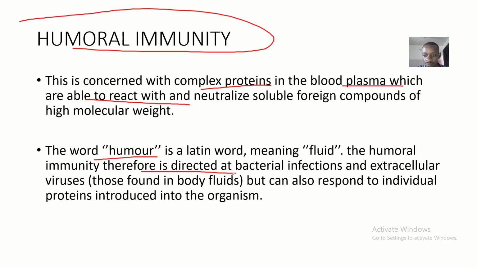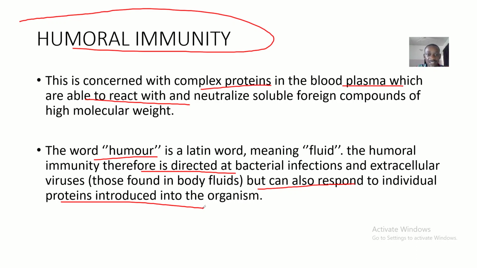But it can also respond to what? Individual proteins introduced into the organism. So apart from acting on viruses and bacteria, the humoral immunity can also act on some proteins, for example for immunization.